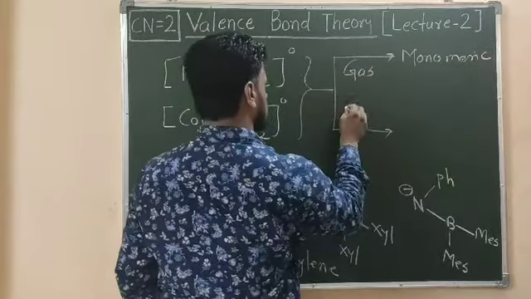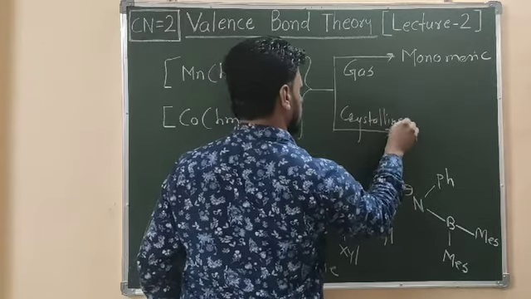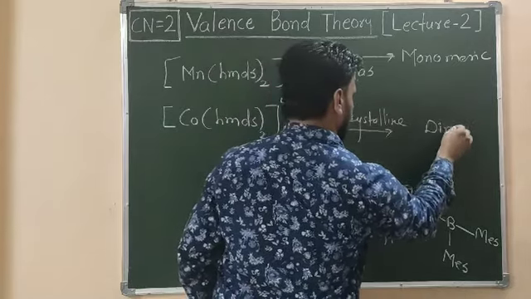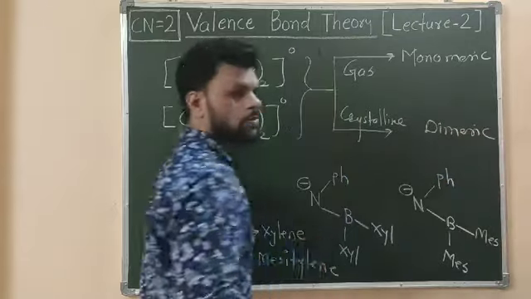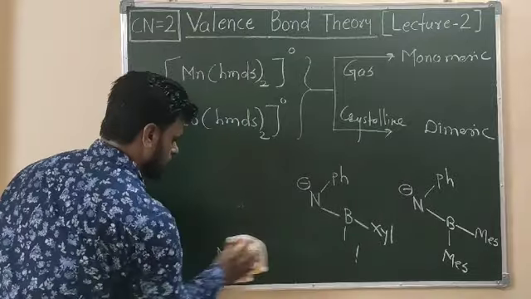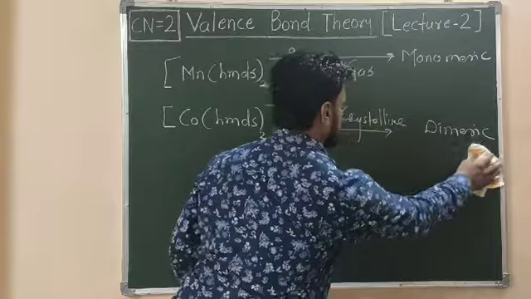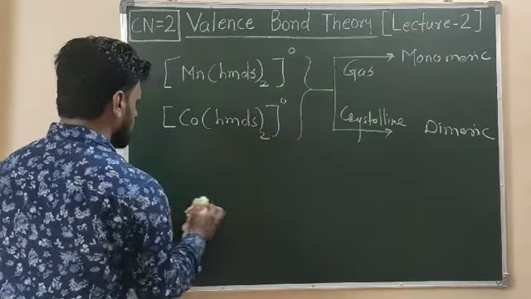Monomeric, and if I discuss in a crystalline state, this will be in a dimeric form. So prior knowledge of the phase of the compound is very essential if you want to understand the dimeric, trimeric or tetrameric nature of the given complexes.